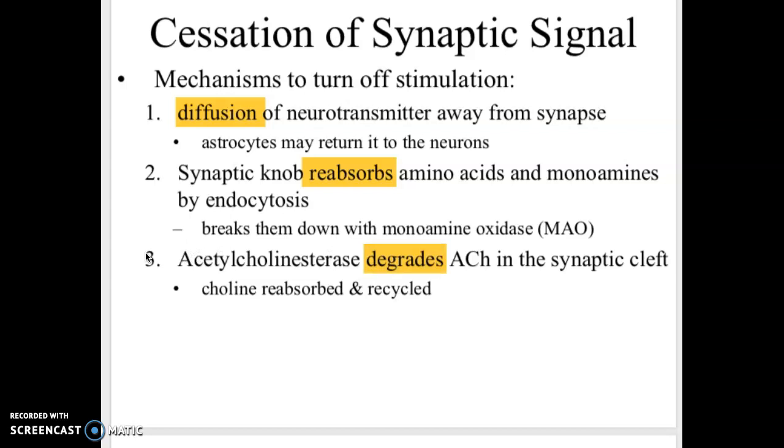Acetylcholinesterase degrades acetylcholine. With the reabsorption here, there's a really important enzyme called monoamine oxidase that breaks up the monoamines. You have probably heard of MAOIs, monoamine oxidase inhibitors, like Prozac, and we'll talk about that in the next lecture.